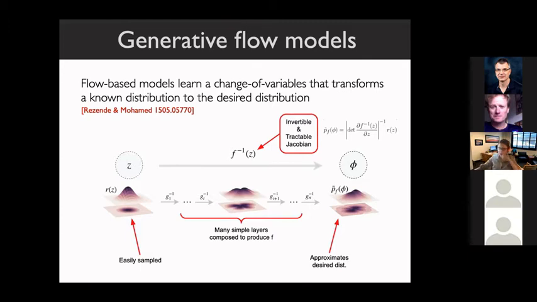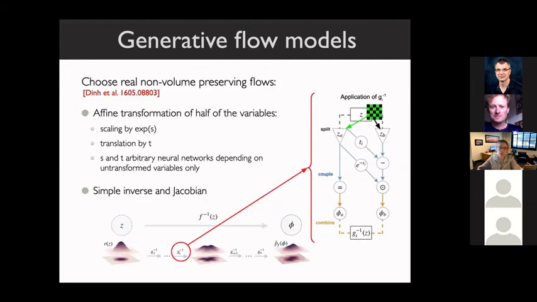And so in the case of images, there's a very nice way of seeing this. You can do what's known as real non-volume preserving flow models, where the idea is just to take half of the variables. So this is a checkerboard of our image or our scalar field configuration. You take half of the variables here, the green ones, and you just leave them alone in any one of these layers, these coupling layers that compose to form your model.